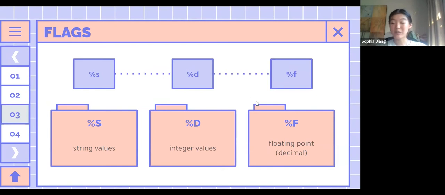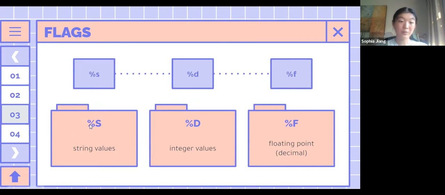It doesn't have to be just chopping off a number after a specific number of decimal places. For an int, we can say, oh, I want my int to have this many zeros before it, or I want to have this many spaces. But let's just take a look at it for now.